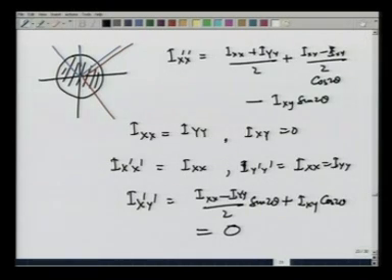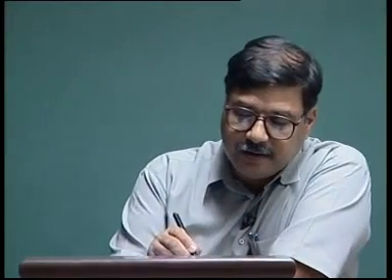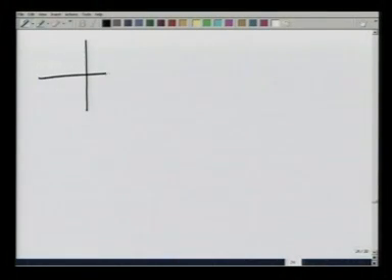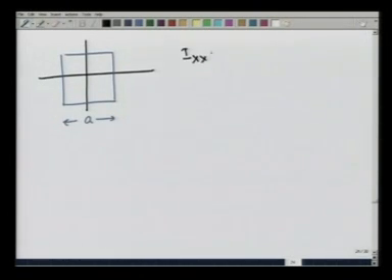for a circle. What is very interesting is that the same thing comes out to be true for a square. Let us look at that case. So, if I take a square of side a, we have already calculated that I_xx for such a square is a raised to 4 over 12, and so is I_yy, where these are the x and y axes, and I_xy is 0.